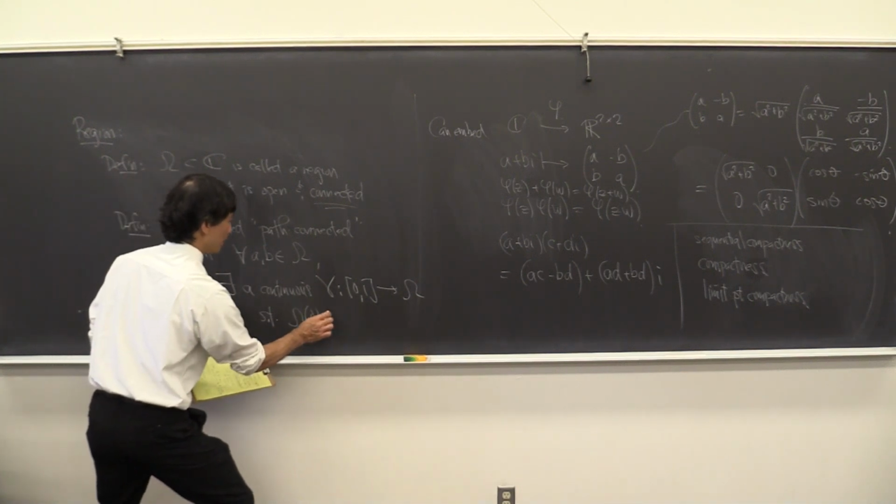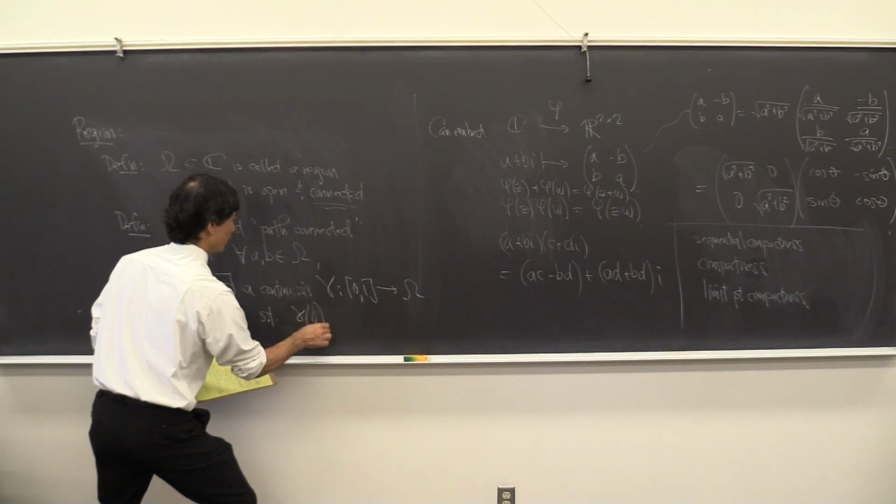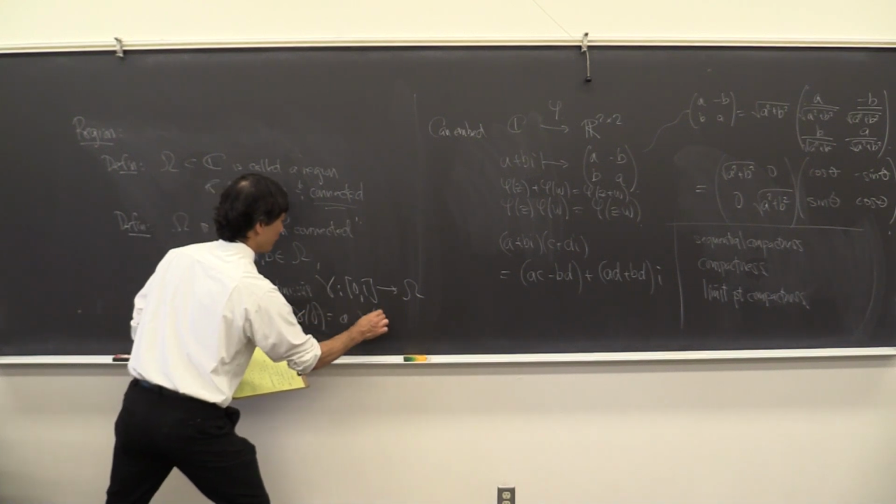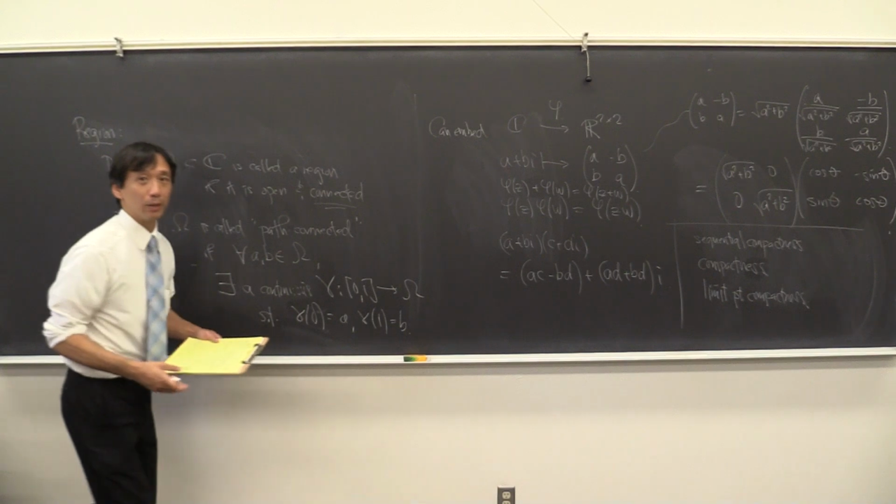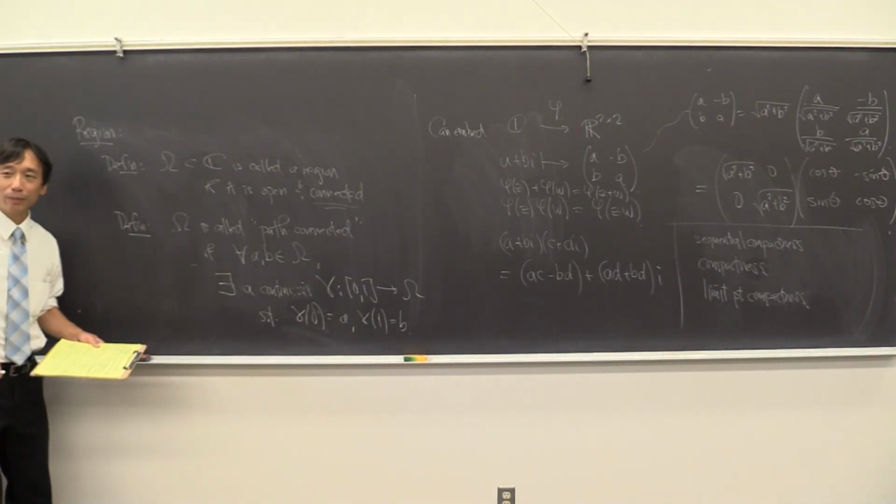So gamma of 0 is A, gamma of 1 is B. It's just what you would expect from the name.